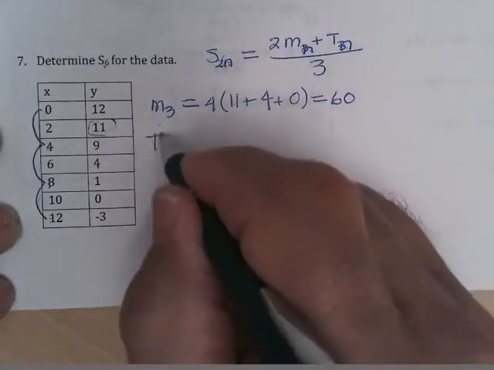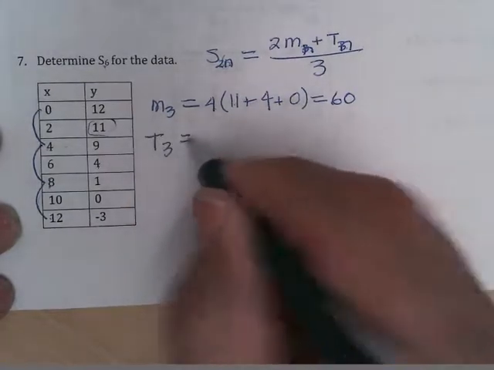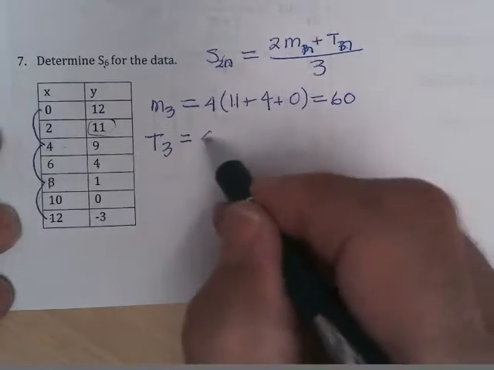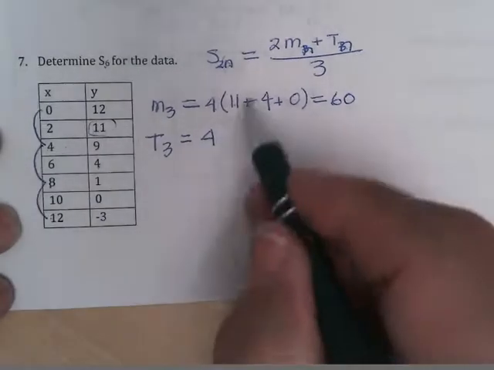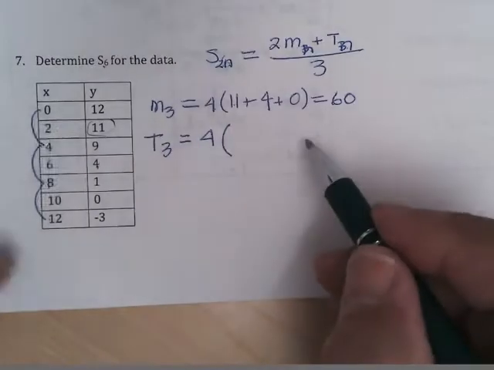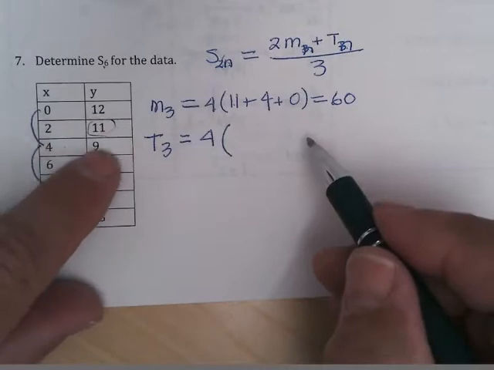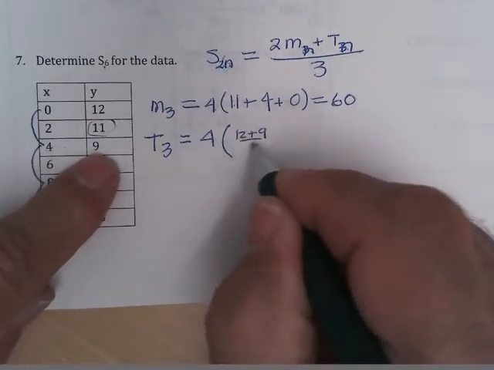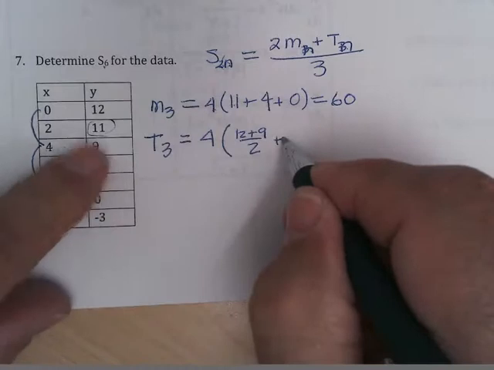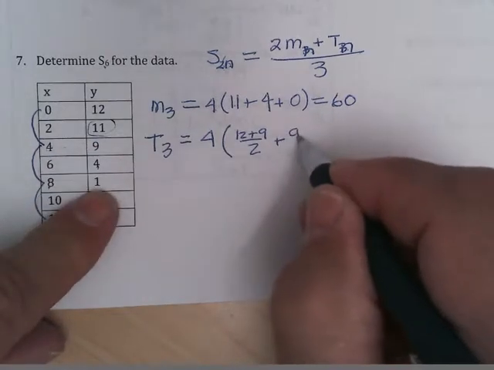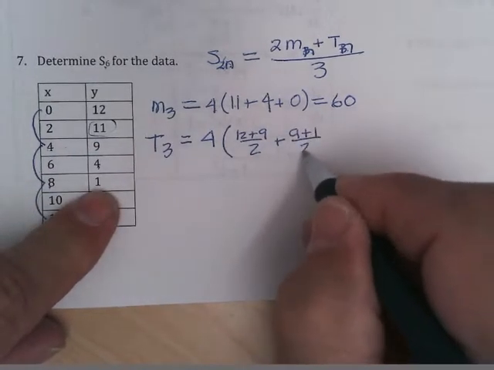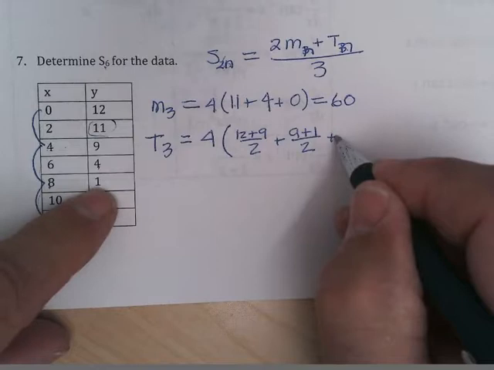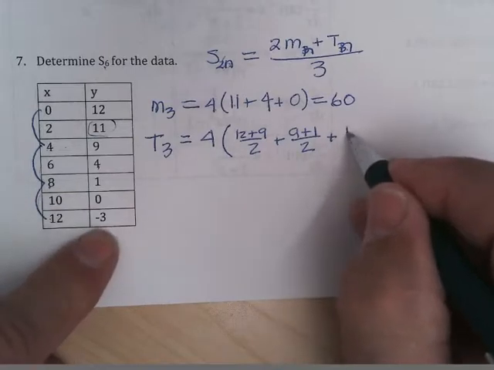And for the trapezoidal 3, the width is 4 again, if we're going to do this in 3, and the trapezoidal is the left and the right, so 12 plus 9 divided by 2, 9 plus 1 divided by 2, and the left and right again, 1 plus negative 3.